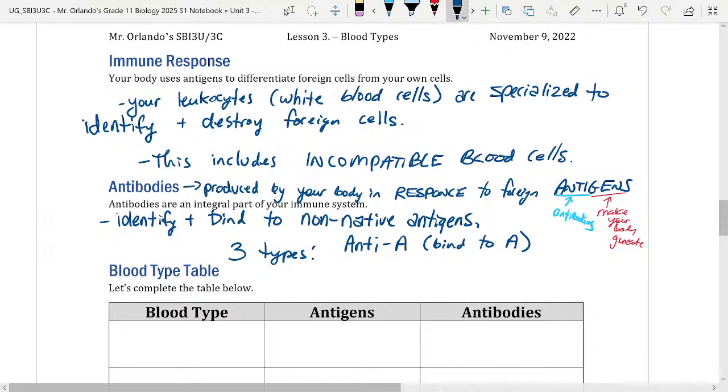Does that make sense? We have anti-B. These bind to B antigens.